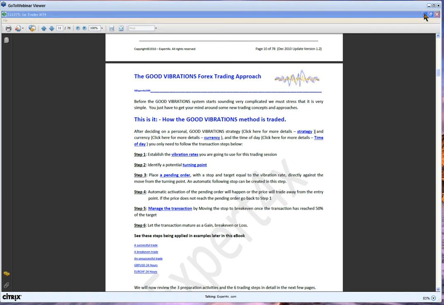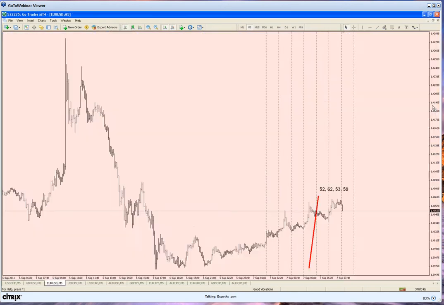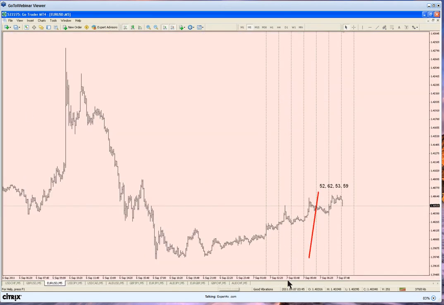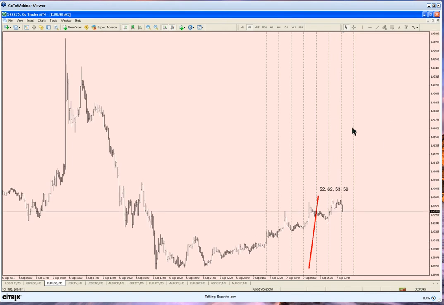Okay, so there are the charts that I'm going to be using today. You can see quite a lot of movement there. Essentially, as you can see, they are very simple bar charts that we're using. The other thing that I have in here are lines, just to determine the dividing line between the hours.